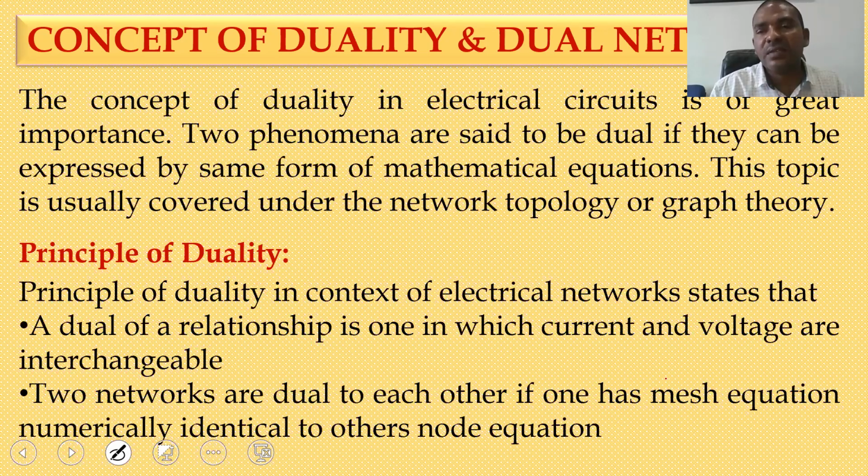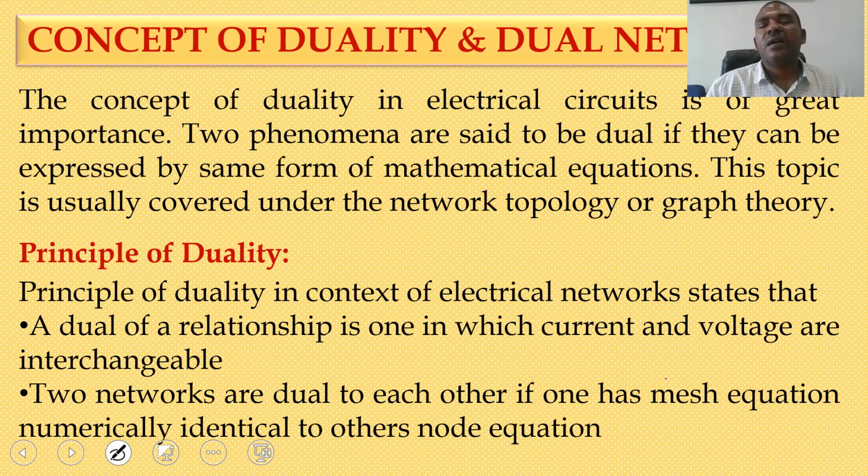Those networks you can call duality networks with respect to the behavior of dual. The same equivalent circuit is represented in another way. If the mathematical equations of the first circuit and the second circuit are almost similar, then you can say the two circuits are under duality.